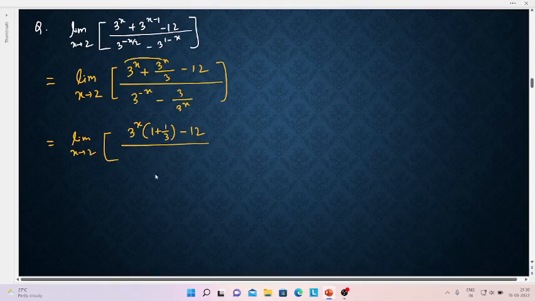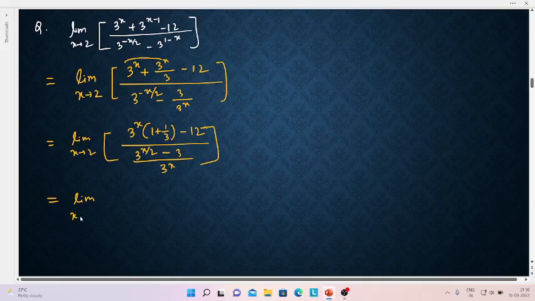And if I take the LCM as 3 to the power x on the denominator, then that will become, can you tell me, here you can see that it is actually x upon 2, so that will become 3 to the power x upon 2 minus 3, right. I think there is some glitch in my desktop, but I will resolve it after solving this question, right.